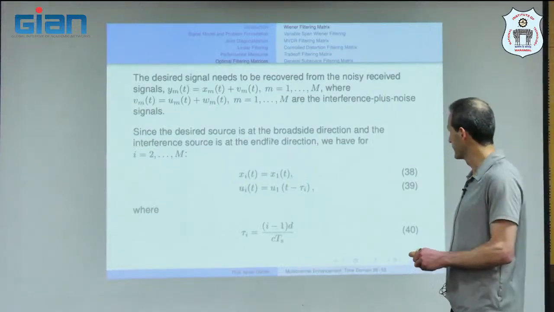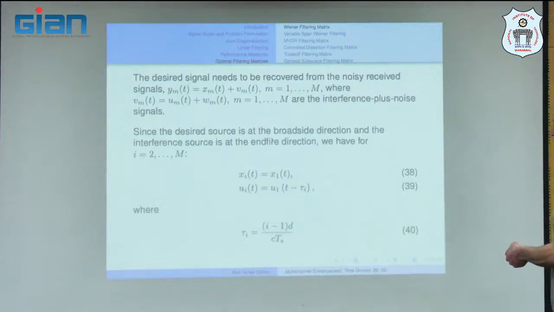So xi is the desired signal received in sensor number i, and it is the same as the desired signal received in the reference sensor. All the same. But for the interference, it's not the same, because it comes from the end fire. Theta equals 0.